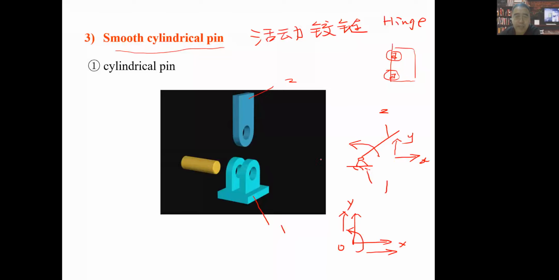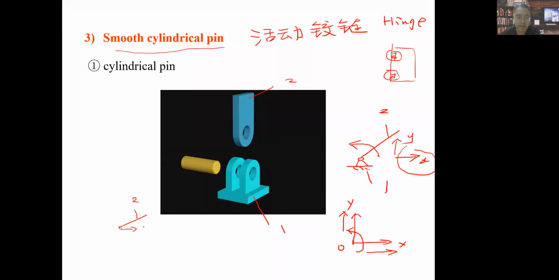Can you guys understand? Actually, this cylindrical pin has 2 kinds of reaction force. One tries to prevent movement along X direction from happening. Another tries to prevent movement along Y-axis from happening, right? So this kind of reaction force, we always like to draw like this. If we just select body second as the object to analyze, it will have 2 reaction forces.